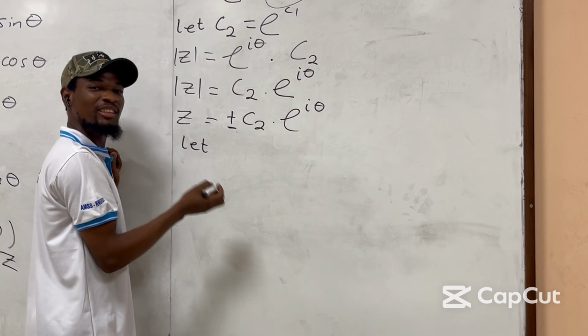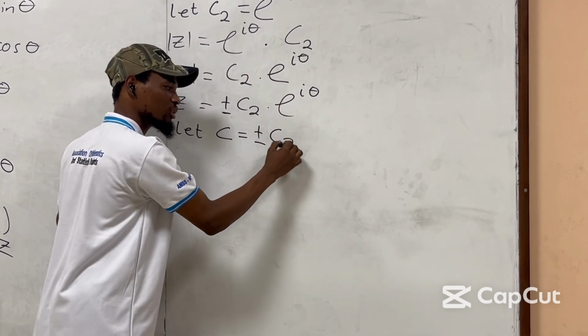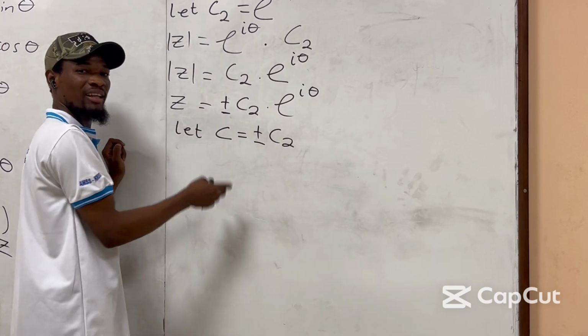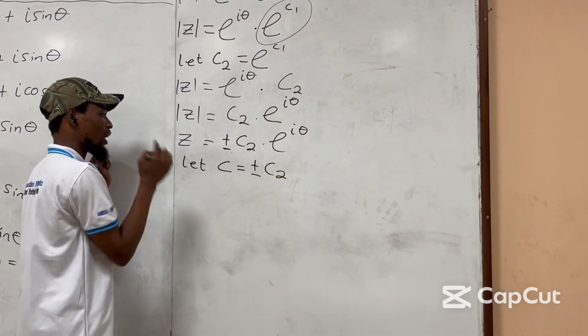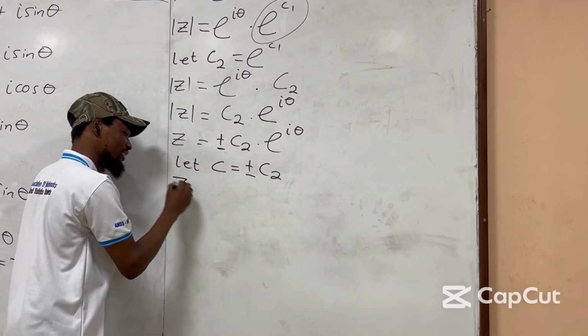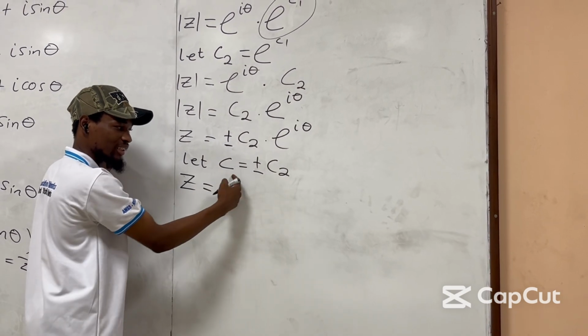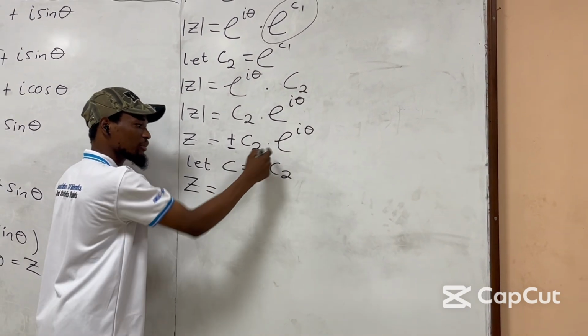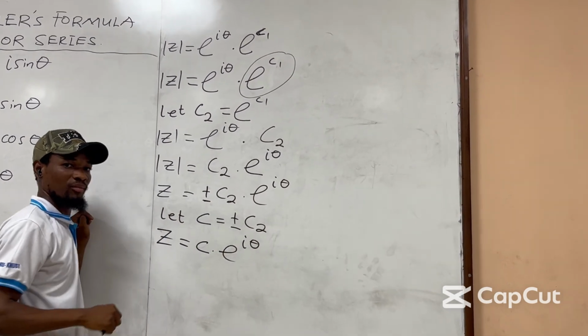So I can simply say that let c be equal to plus or minus c2, because c is an arbitrary constant. So I have z is equal to c times e to the power i theta.